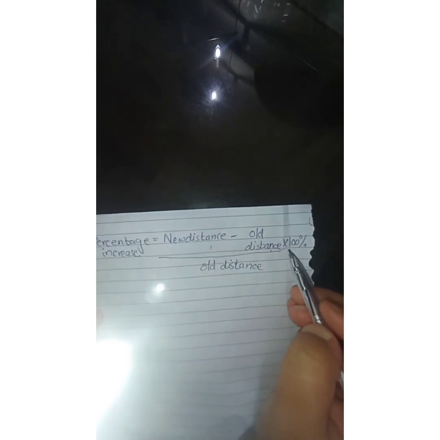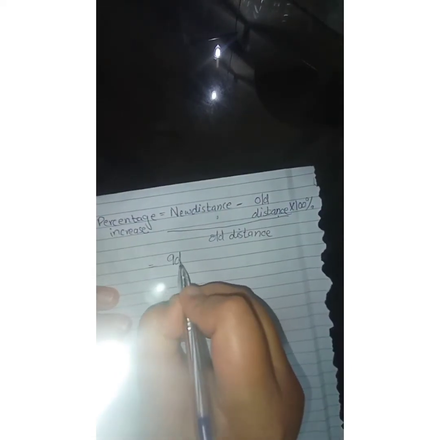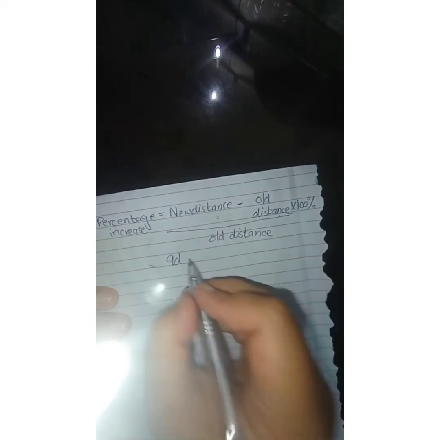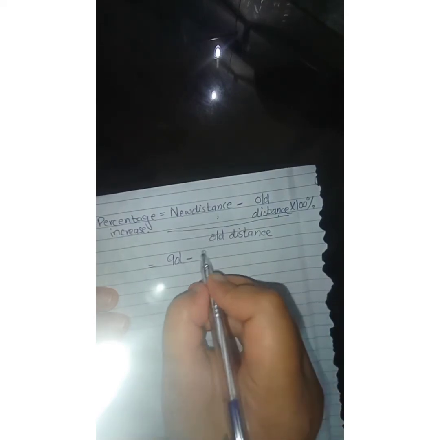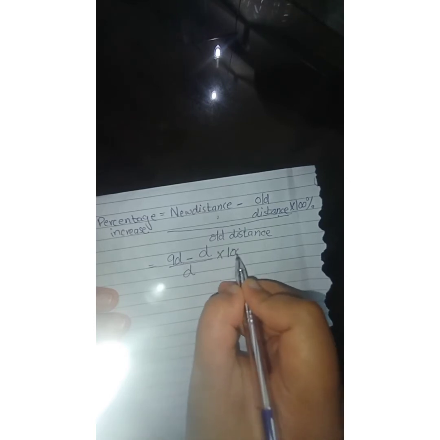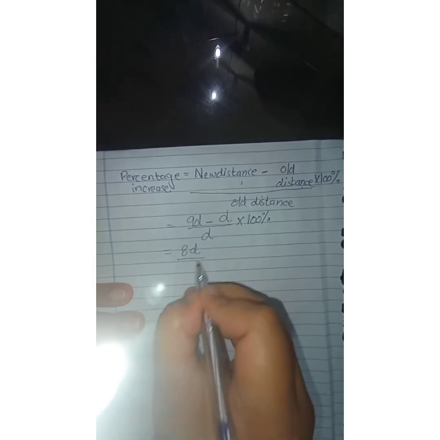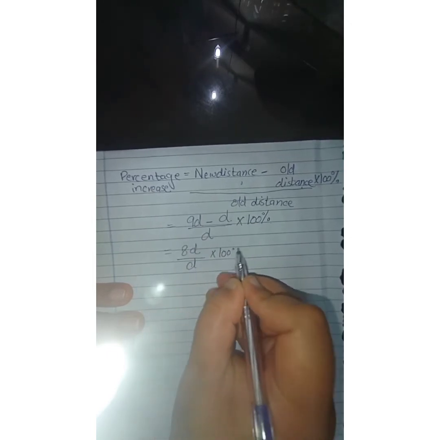So let's see what the new distance is. We have found that the new distance is 9D after the percentage increase, and the old distance was only D. Over the old distance, again D, into 100%. So the percentage increase would be 9D minus D, meaning 8D by D, into 100%.